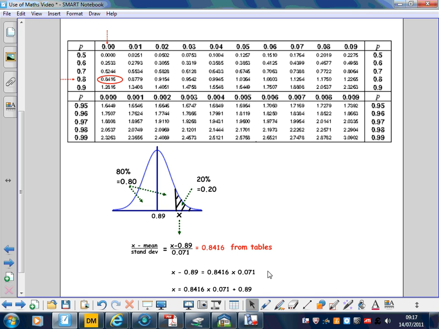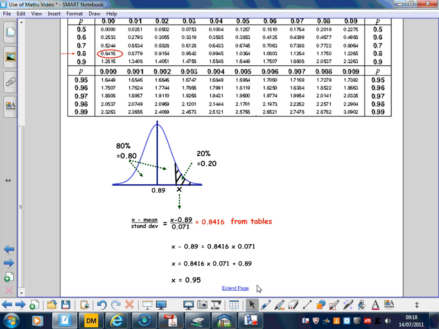First of all, multiply the right-hand side by the 0.071 that was in the denominator. Next step is to add on the 0.89, and then you just do that on your calculator, and you get 0.95. So that is the waist-to-hip ratio that divides the lower 80% of men and the upper 20% of men.